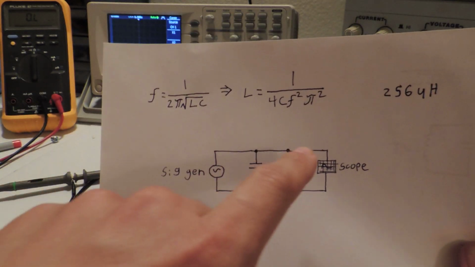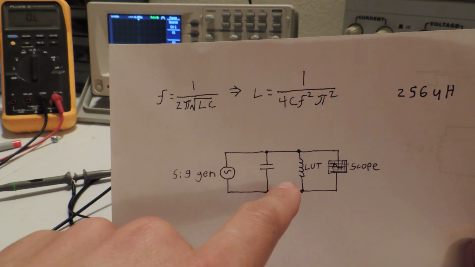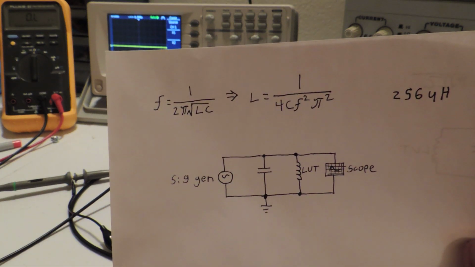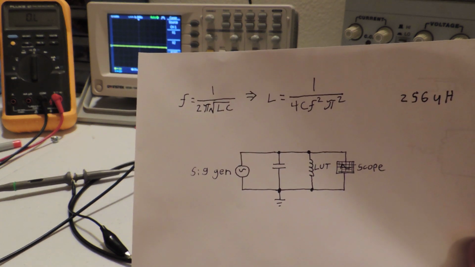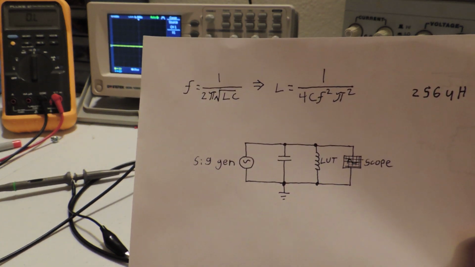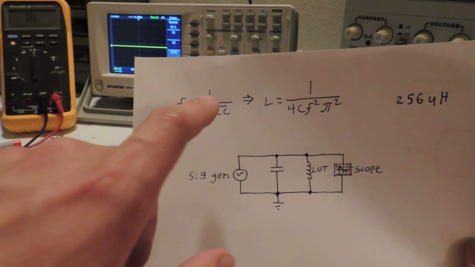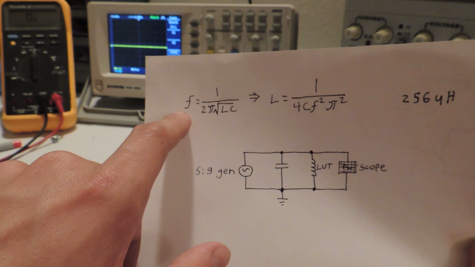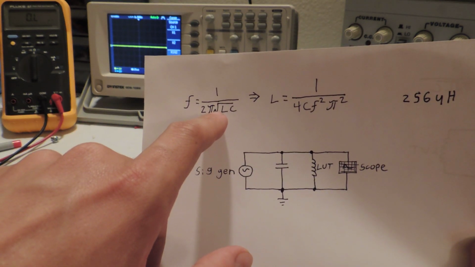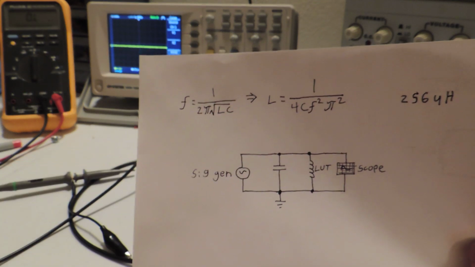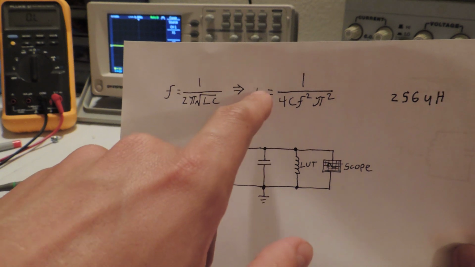So, a little bit about the math. This particular equation is the frequency equation for an LC circuit, and it is normally derived by setting the capacitive reactance equation equal to the inductive reactance equation and solving for F. That leads to this equation, which states F equals the reciprocal of 2 pi times the square root of L times C. Now what I have done is algebraically solve for L in this equation.